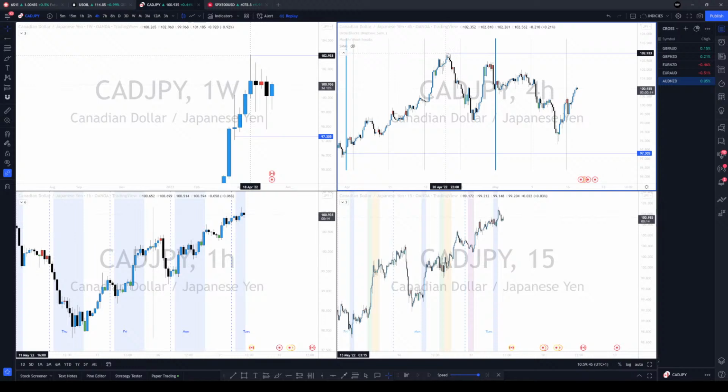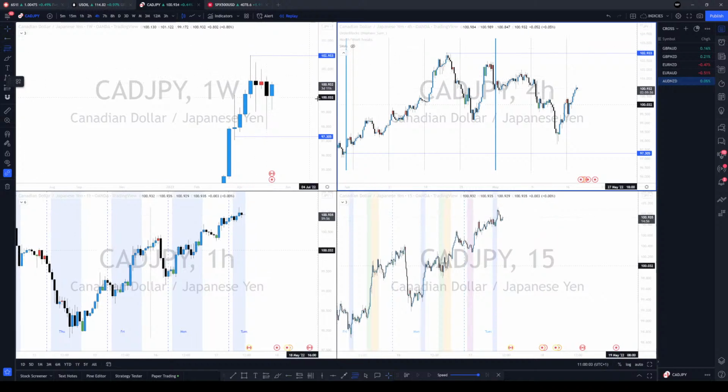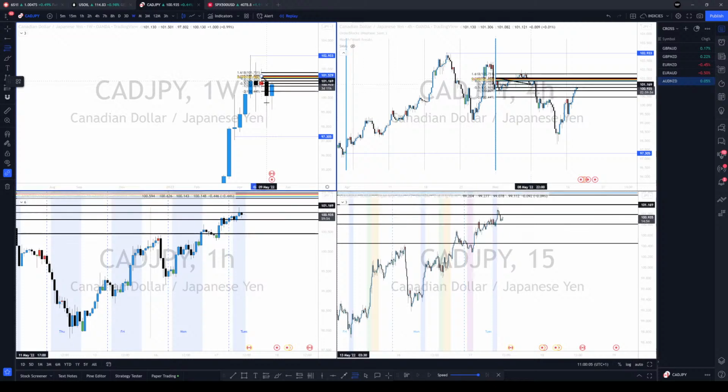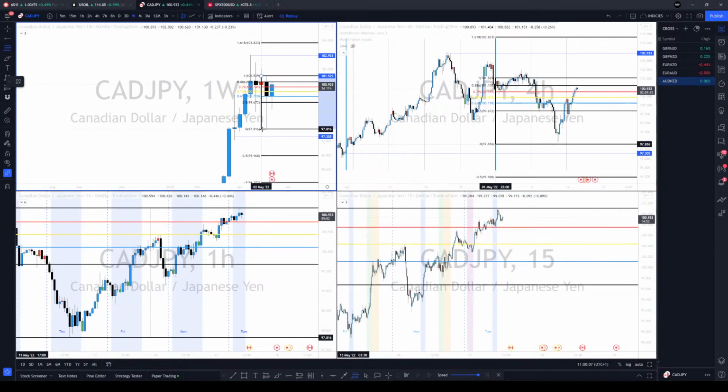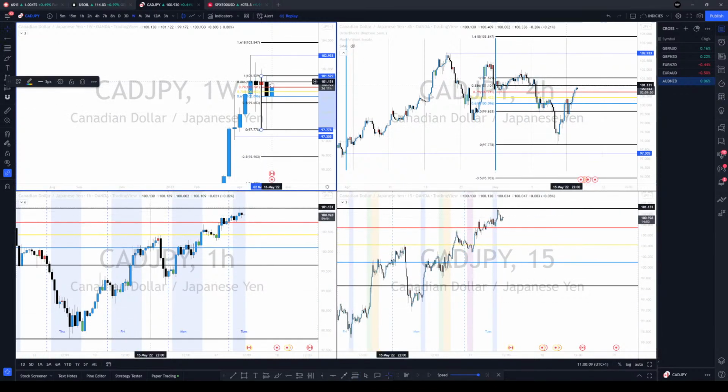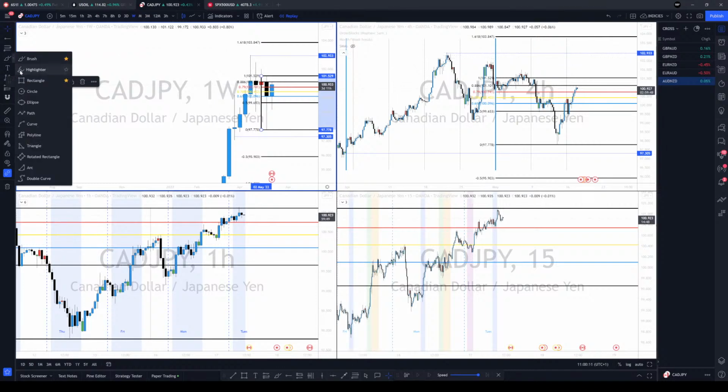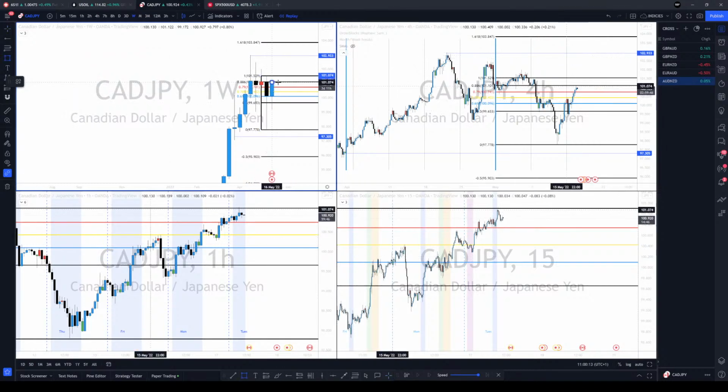At the same time, the weekly is showing some kind of weakness here with that bearish order block, and this is a pullback, so it can come back down again. If I was to trade it, I'll use the weekly range expansion idea and look for rejection somewhere up here.